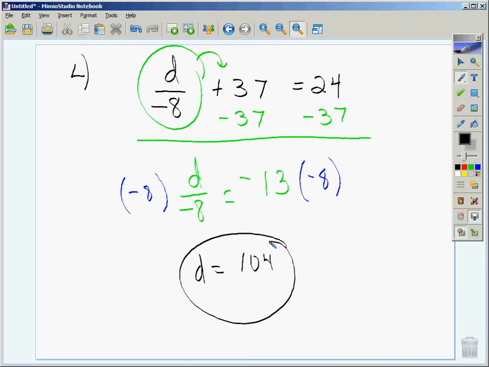Question. When you asked us to do work on our paper, you said if we use the calculator, still write down the steps. Look, what I'm saying about using a calculator is, if I don't know what 24 minus 37 is, I've still shown you the work. It's okay to punch 24 minus 37 in the calculator to get negative 13. I still write the step down, don't I? If I don't know what a negative 8 times a negative 13 is, it's okay to use a calculator to get that.